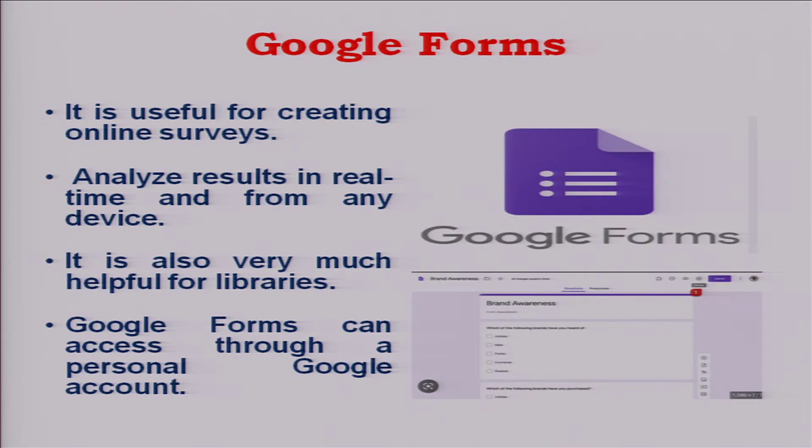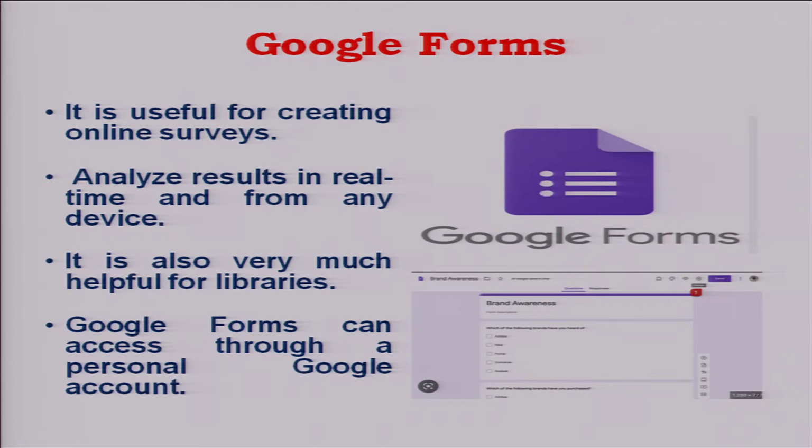When libraries want to get feedback on how they are performing, they want to seek user feedback on what perception users have about our library. As you know very well, we are service providers, so from time to time we have to take feedback from users; only then can we modify our existing services.